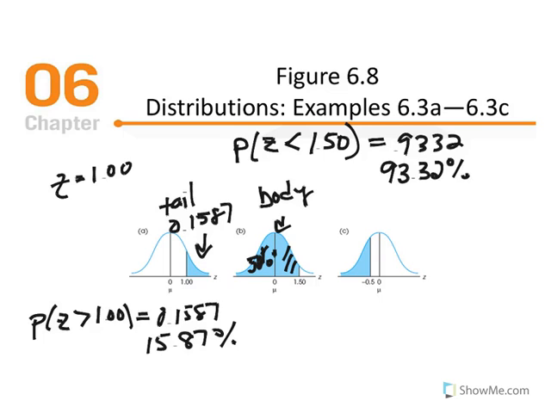And finally, example C. Many problems may require that you find proportions for negative scores. For example, what proportion of the normal distribution is contained in the tail beyond z equal to negative 0.5? This word beyond, you'll see often, and we often think of beyond as, at least I do, forward.